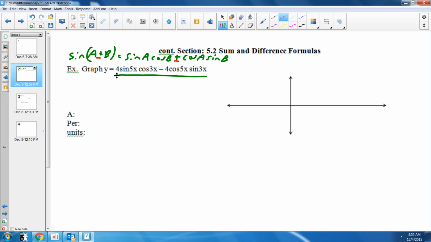You can condense them. So because of that, you can actually say it's 4 times that whole thing. I factored a 4 out of both of those terms. I removed the 4, so now I'm not dealing with the 4. I'm just looking at the sine and cosine, and I see that I have a sine, cosine, cosine, sine. And so what I want to write here is my A is going to be 5x, and it's a difference, so it's minus 3x.